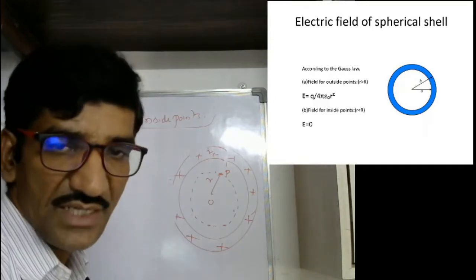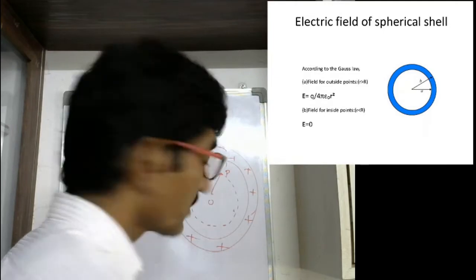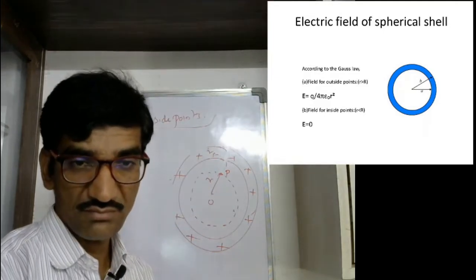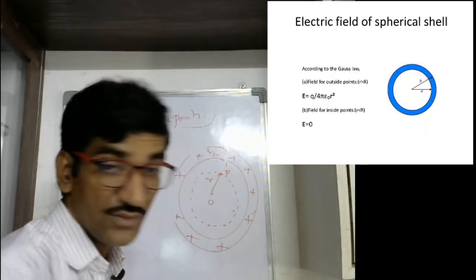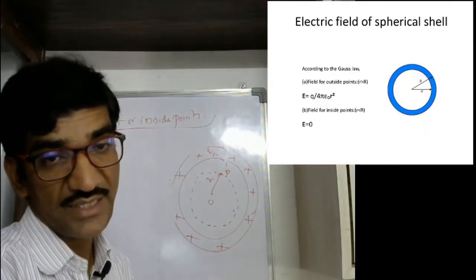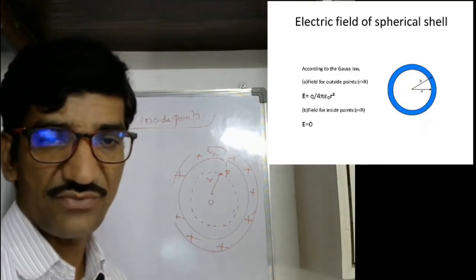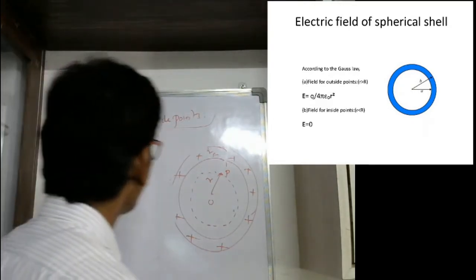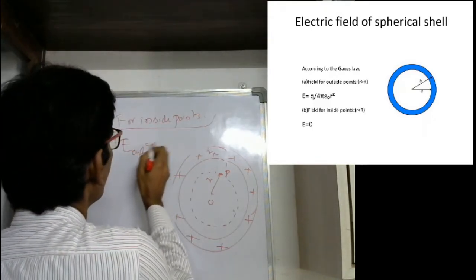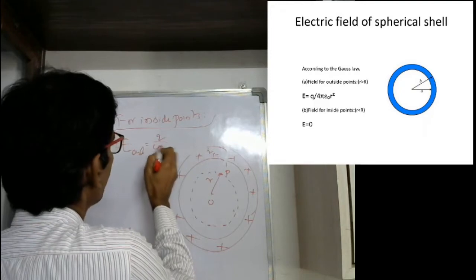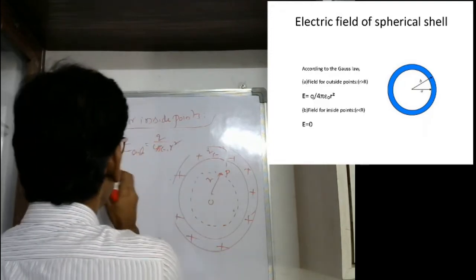So what is the field for inside points? Whenever you go for the inside points, in the case of potential, you require the fields at both outside and inside points, as I already told you in the case of the uniformly charged sphere. E out is Q by 4 pi epsilon naught r square.